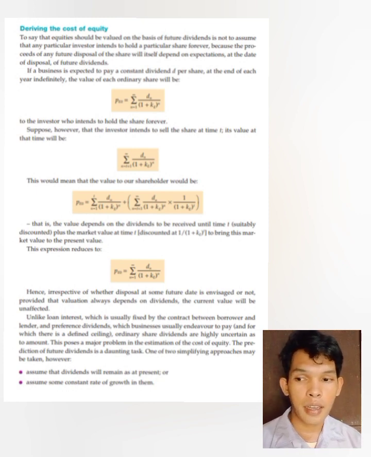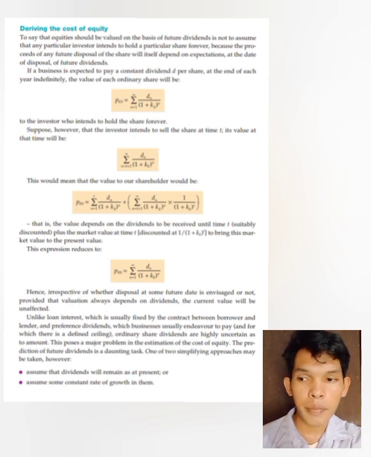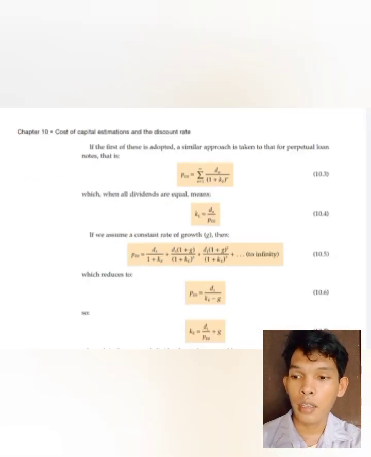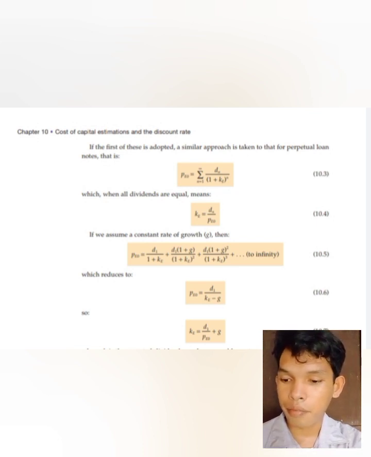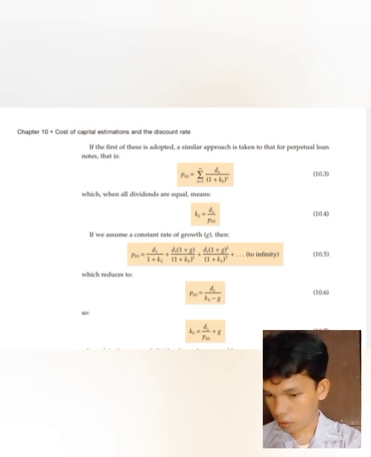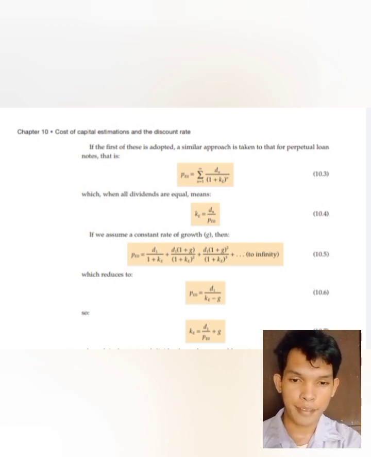Here you can see the equation, the solution for deriving the cost of equity. This is an adapted version of a similar approach taken to perpetual loan notes. You can see the equation here, and that's the equation for deriving the cost of equity.